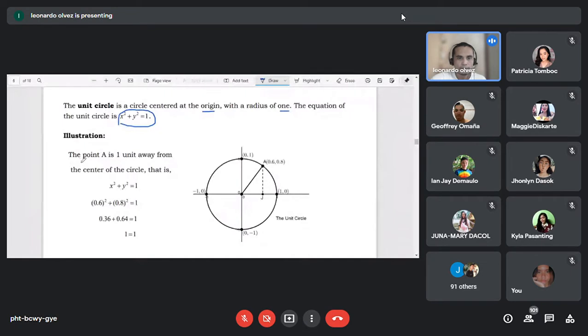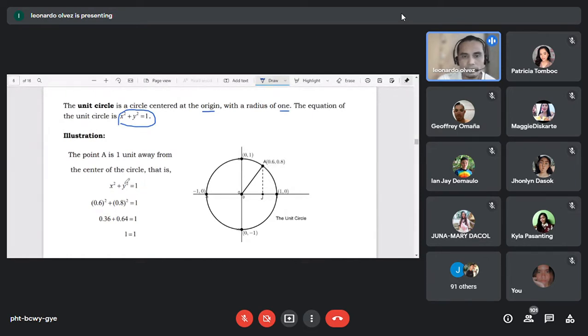So, let's have this illustration. Point A is 1 unit away from the center of the circle. That is, x squared plus y squared is equal to 1. Now, point A has coordinates 0.6 and 0.8.